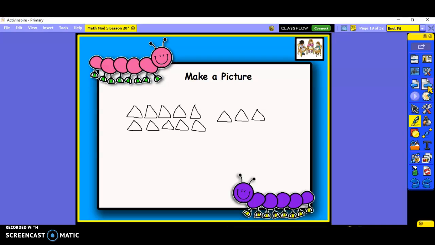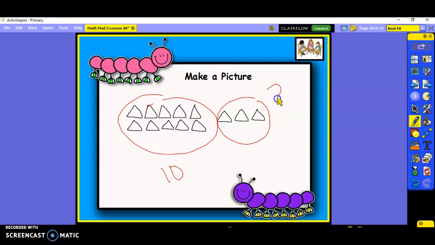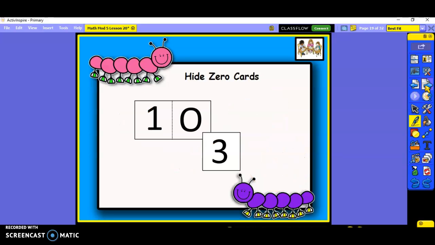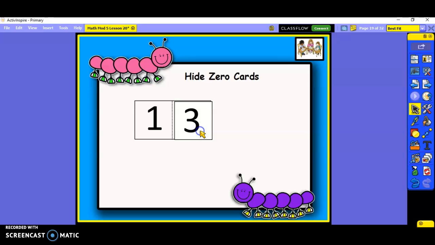You could draw a picture to show 10, 3 is 13. That's right, look at this picture. We have 10 triangles. We have 3 triangles. Together, that gives us our 13. Good problem solvers use lots of strategies to show numbers. You got it. We could also use our hide zero cards. 10, 3 gives us our 13.